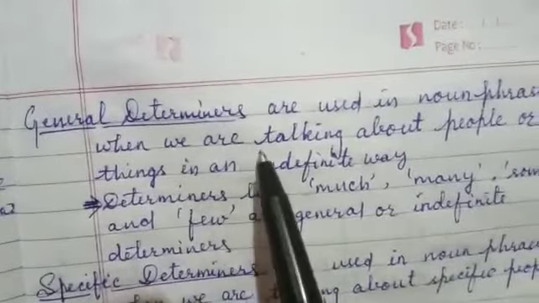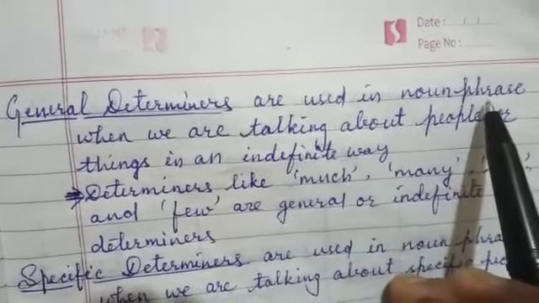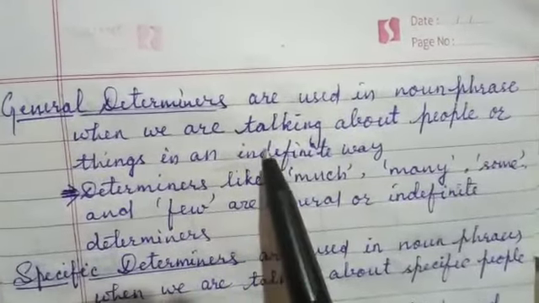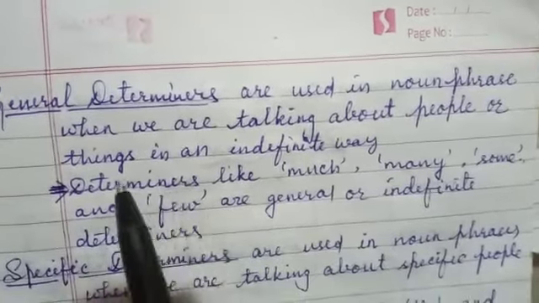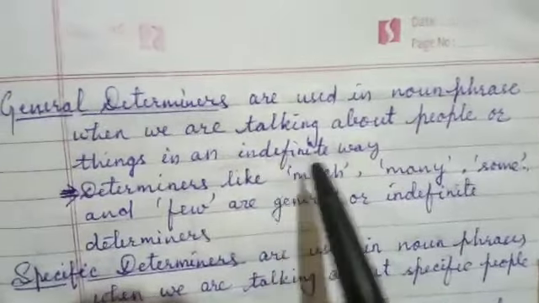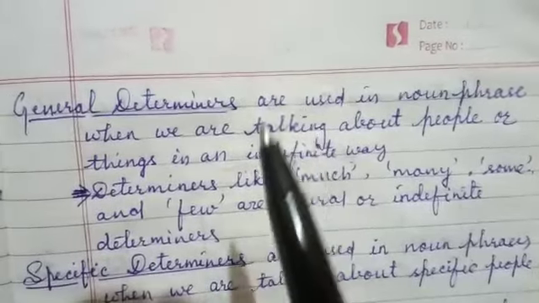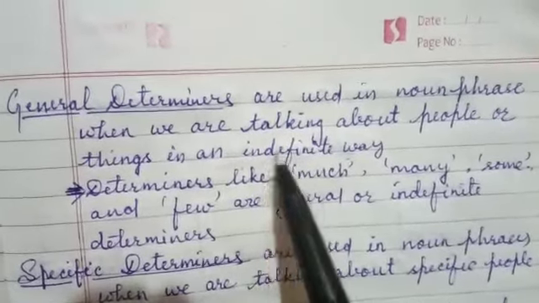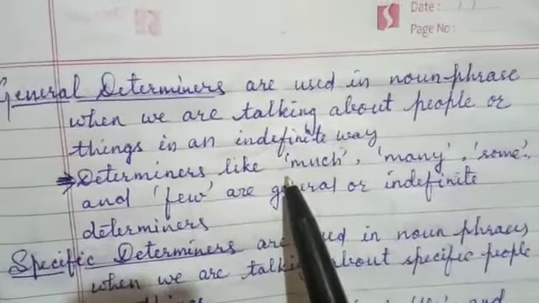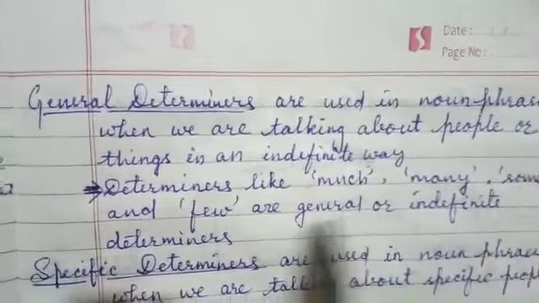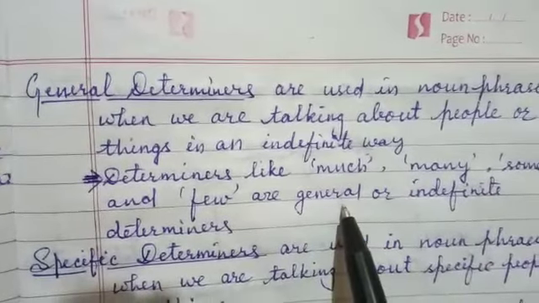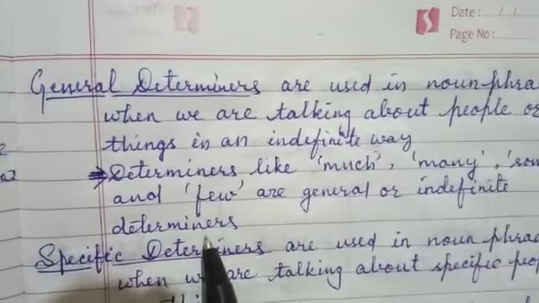General determiners are used in a noun phrase when we are talking about people or things in an indefinite way. Not definite, not particular, indefinite. Determiners like much, many, some and few are general or indefinite determiners.